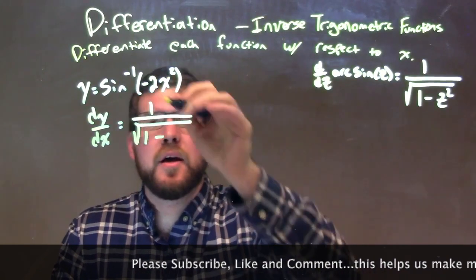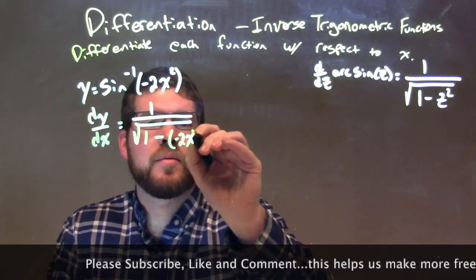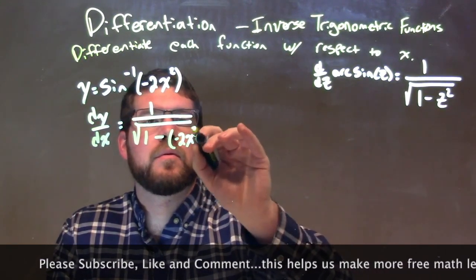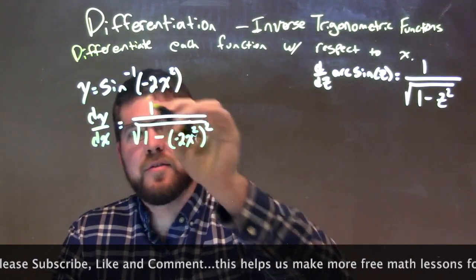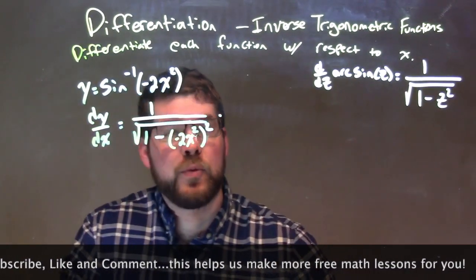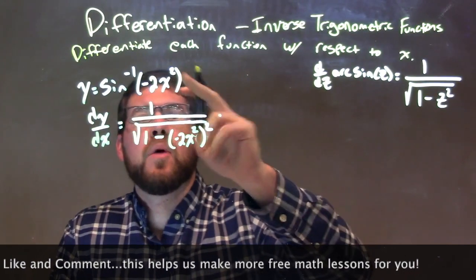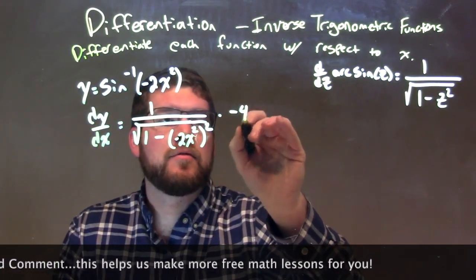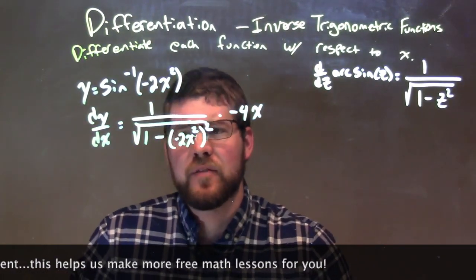This was z, but here we have a negative 2x squared, and that's all going to be squared. Now we apply the chain rule, so we multiply by the derivative of what's inside the parentheses. Well, the power rule: 2 comes down, 2 times the negative 2 is a negative 4, so we have a negative 4x right there.